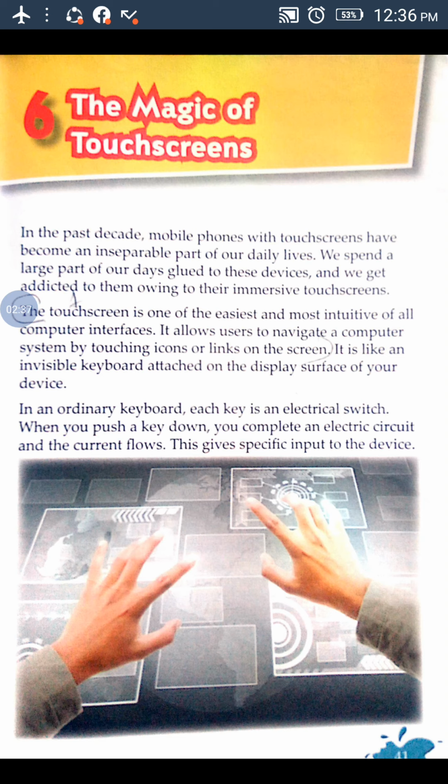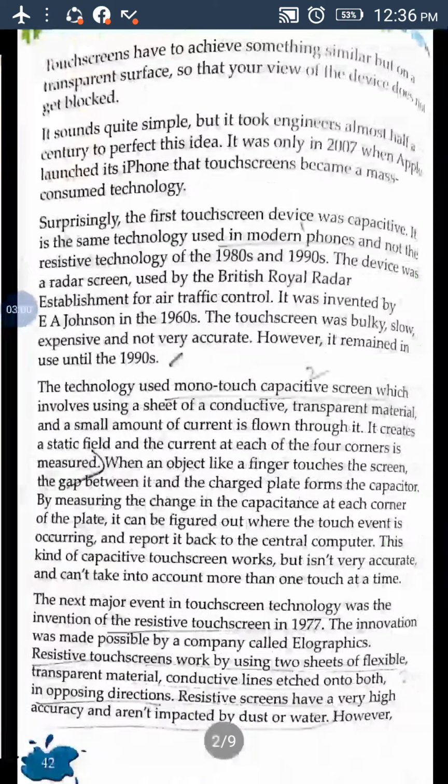So each key in the keyboard is a switch. When you push the key, what happens? You complete an electric circuit. You are switching on an electric circuit and then the current is flowing. And this gives a specific input, a specific work to the computer, to the device. Okay, and then it is being done.